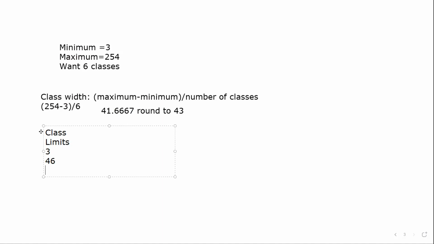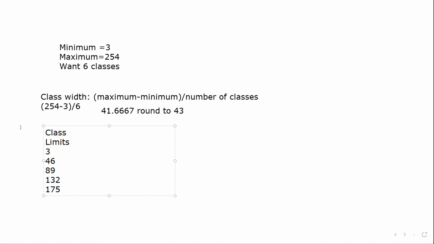So 46 plus 43 is going to give us 89. And then 89 plus 43 is going to give us 132, if I'm not mistaken. Is that right? And then we're going to add 43 again. We're going to get 175.